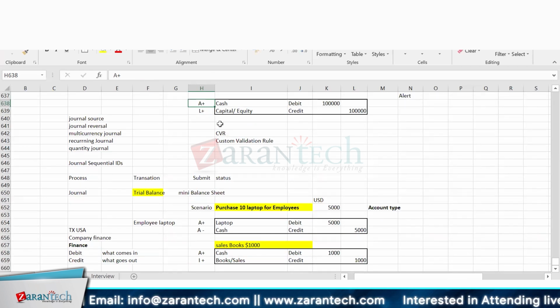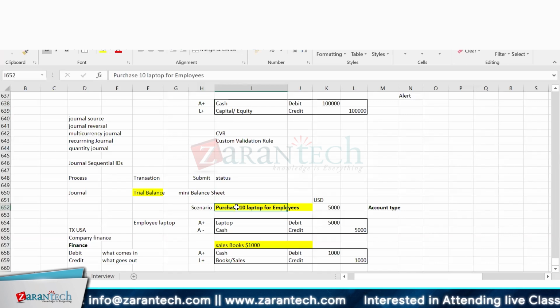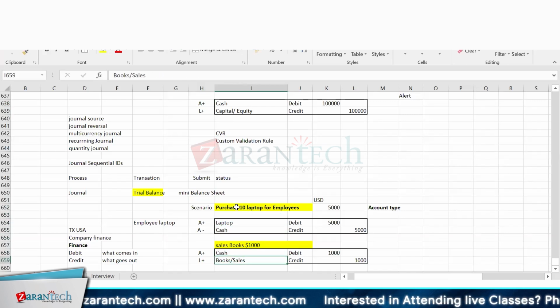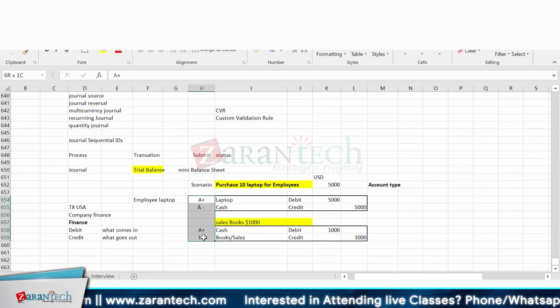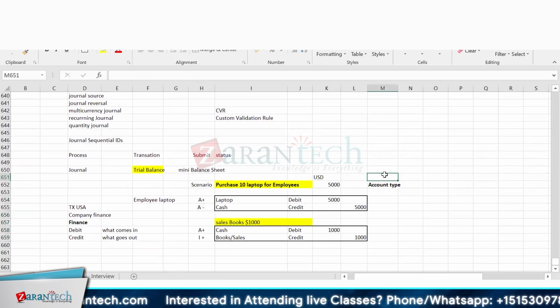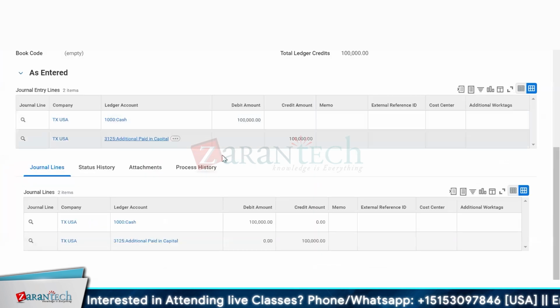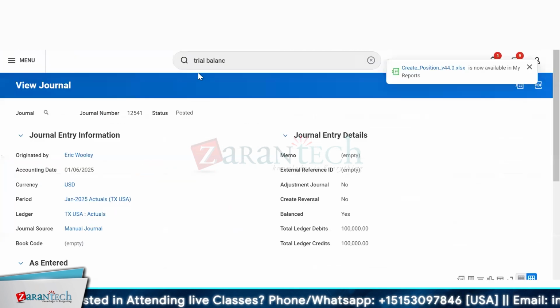It can be, or cannot be, based on the transaction that we have. So this is what the system automatically maintains on the back end because we have already defined our chart of accounts based on account type. Clear?